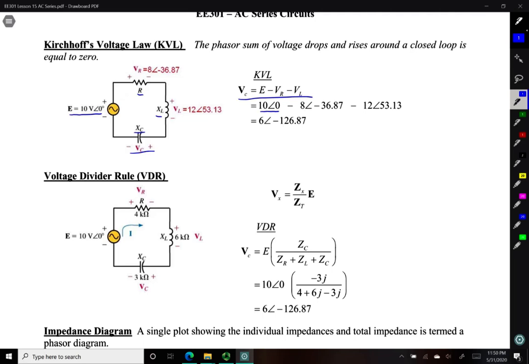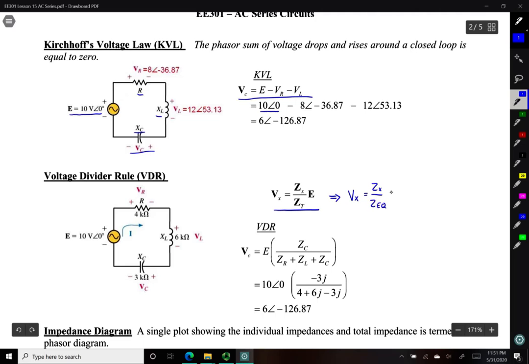Also, the voltage divider rule, again, the only changes now are that we have the phasors for voltages and currents, and we're using impedances now instead of resistance. Alright, so we'll take a look at this voltage divider formula, and I'm going to perform a small tweak so that it is written how it is on your equation sheet.